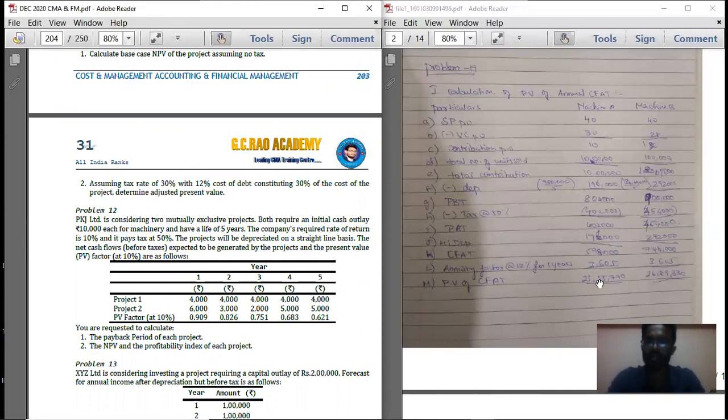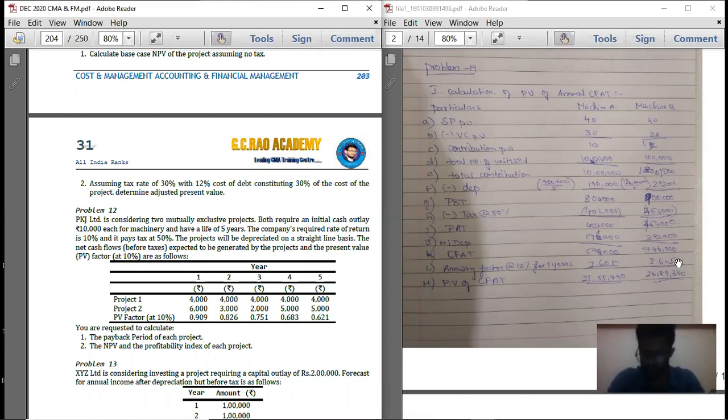In respect of machine A column, record 21,55,790 below the annuity factor 3.605, and underline it. And for machine B, calculate 7,46,000 into 3.605. Now underline it. How much is the amount?